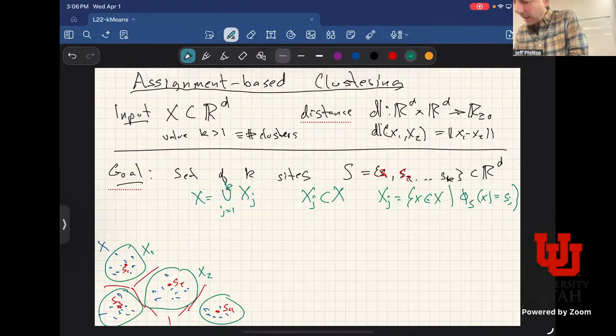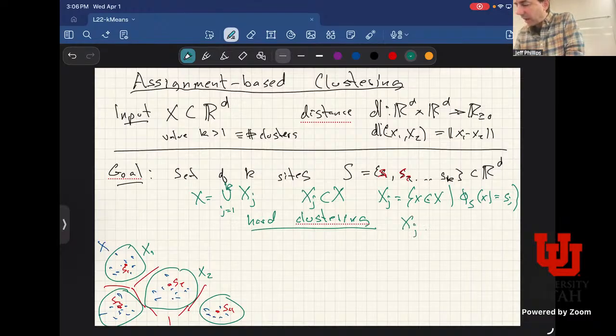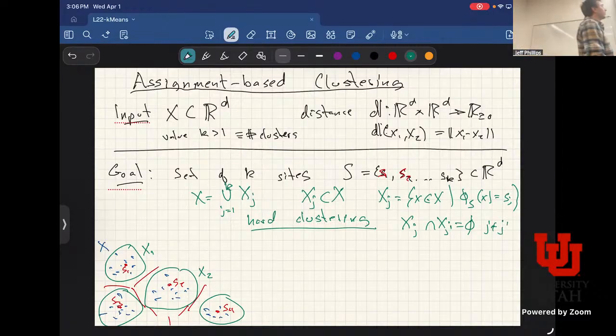And we're working with this hard clustering, which means that X_j intersect X_j' is going to be equal to the empty set for j not equal to j'. So these are not going to overlap. Each point will have to be in exactly one cluster.